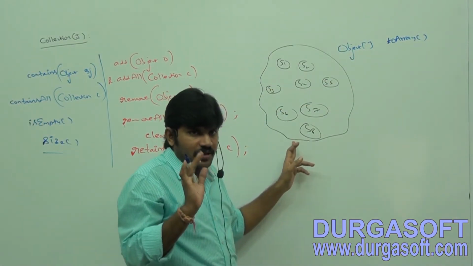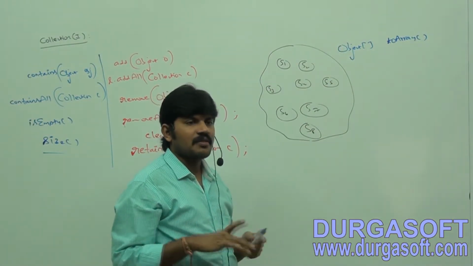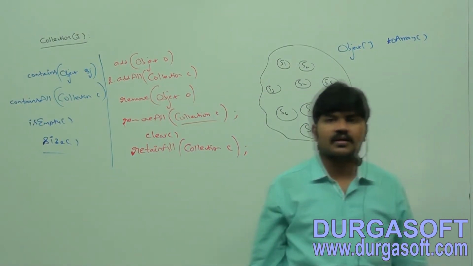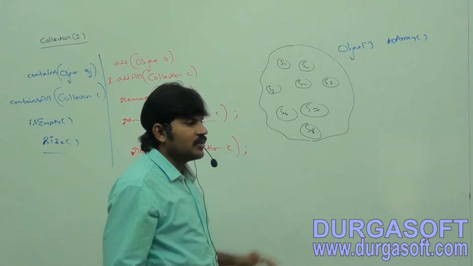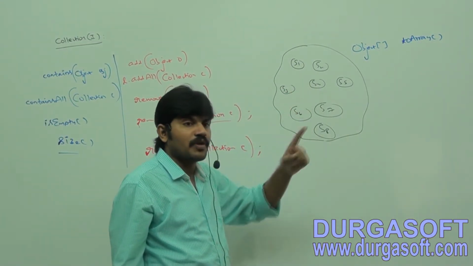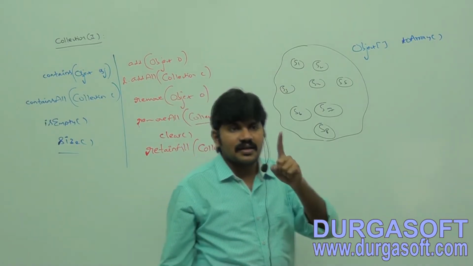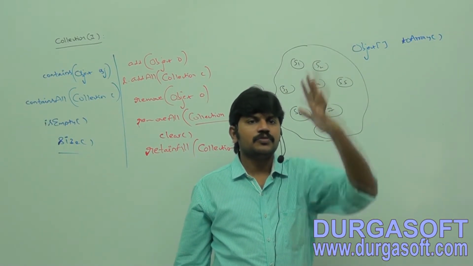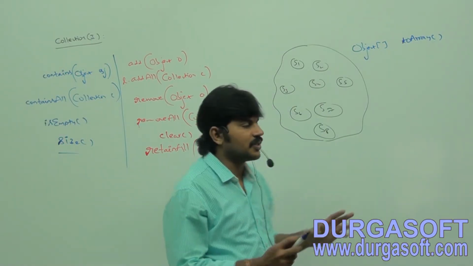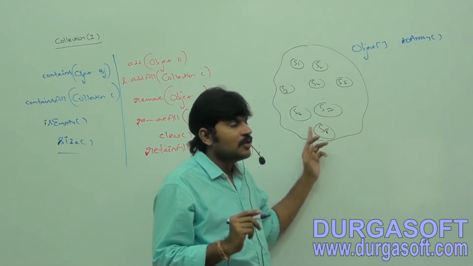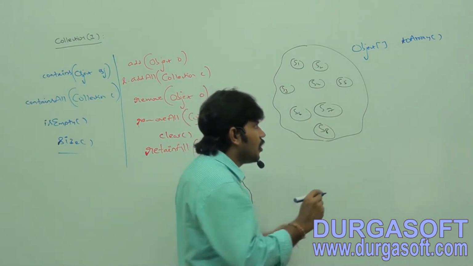Now, a very important method. Sir, it's a collection. What is a collection? A collection is a group of individual objects. Sir, I want to get these objects one by one. If you want to get these objects one by one, some cursor is required. The universal cursor, which is applicable for any collection object, is the iterator. How can I get the iterator object?